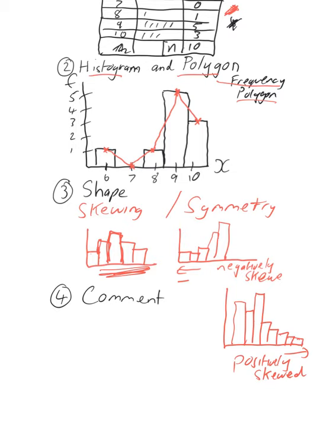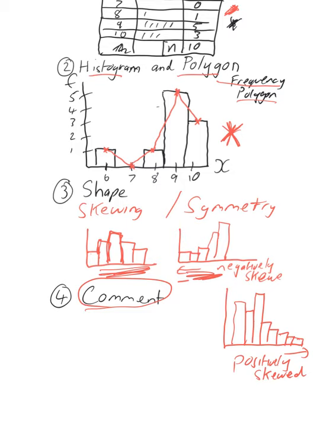Okay, so coming back here, if I was going to fit it into one of these, I would say that it's negatively skewed. Okay. Now, as far as a comment goes, that's fairly open to interpretation. One of the obvious things to look for is what is the highest score.